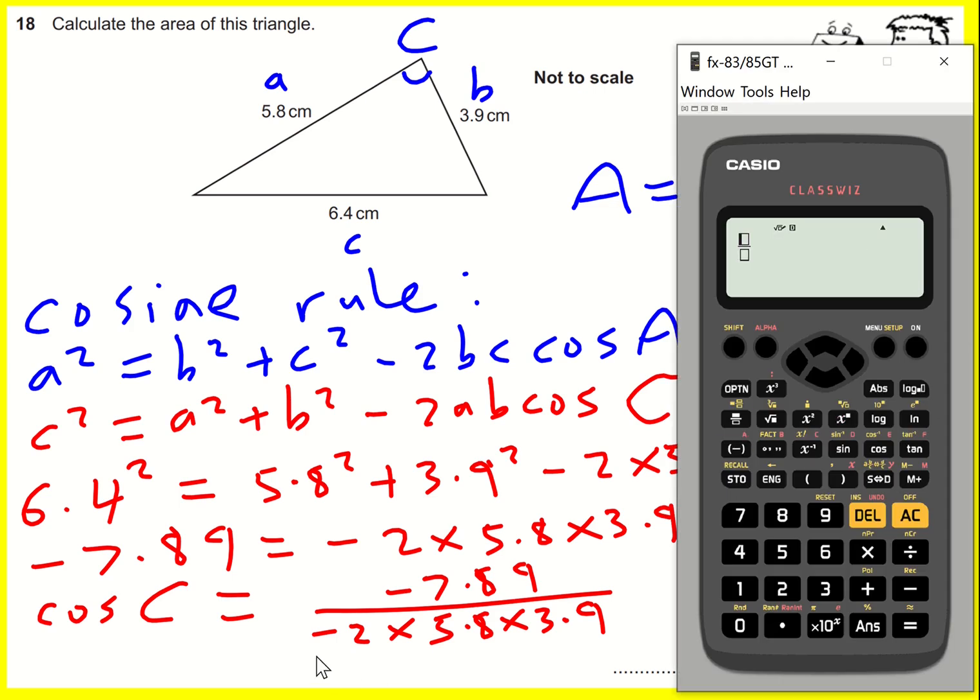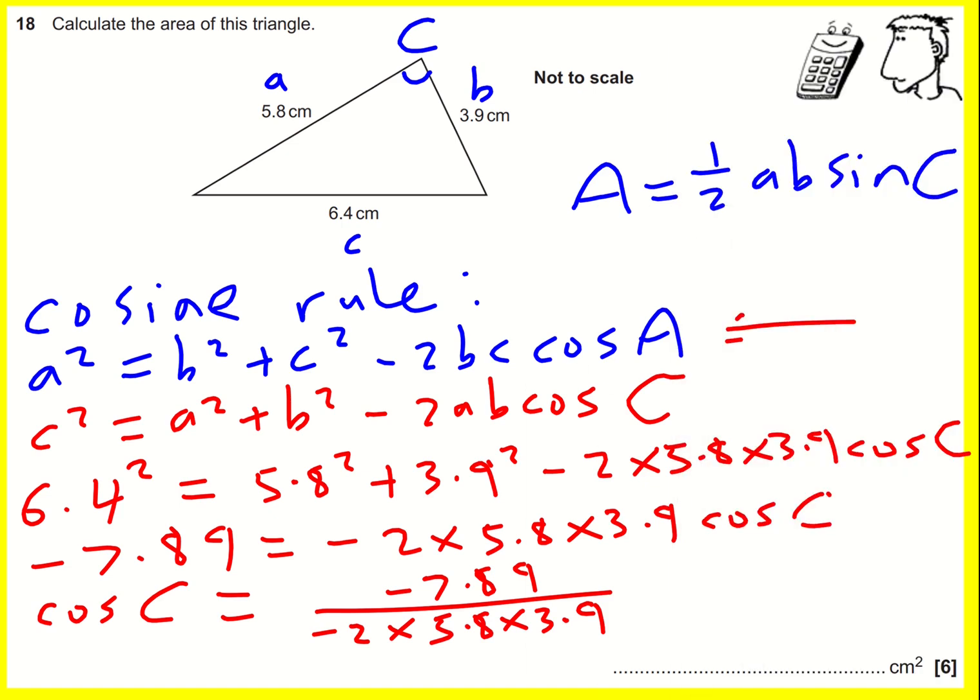I can actually ignore the negative because it's a double negative, so 7.89 divided by, and I could have worked this out first, what 2 times 5.8 times 3.9 is. Okay, but that gives me 0.1744. I'm not actually going to use that, but I'm just showing my working as I go along.